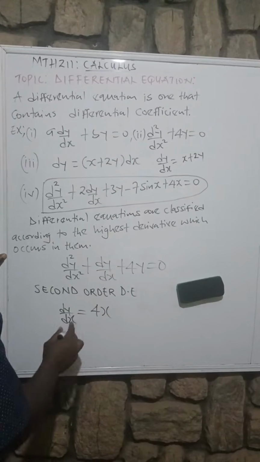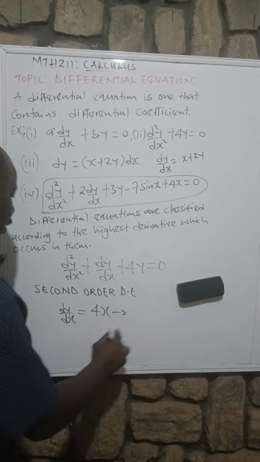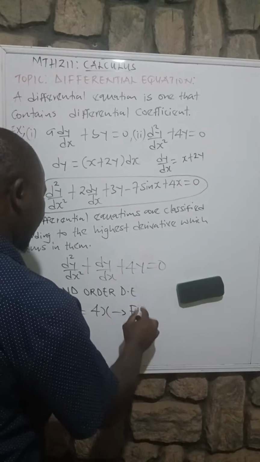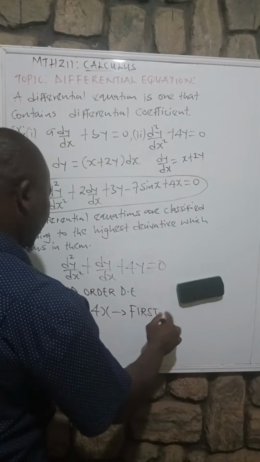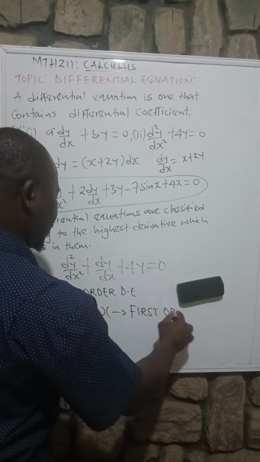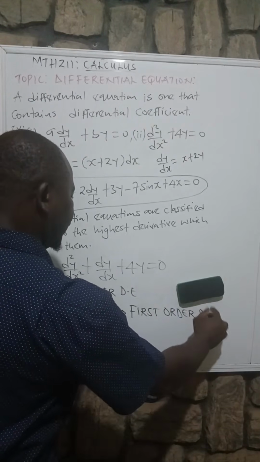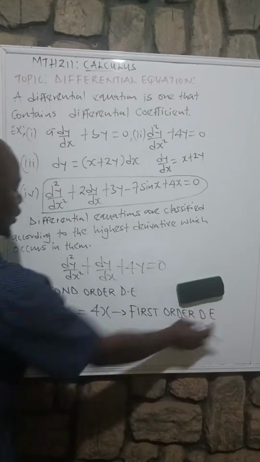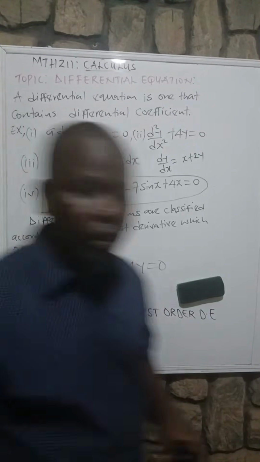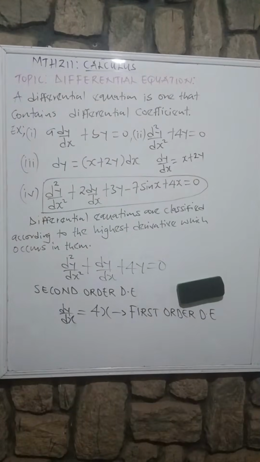We call this a first order DE. This means differential equations. Take note. Are you following? Right?